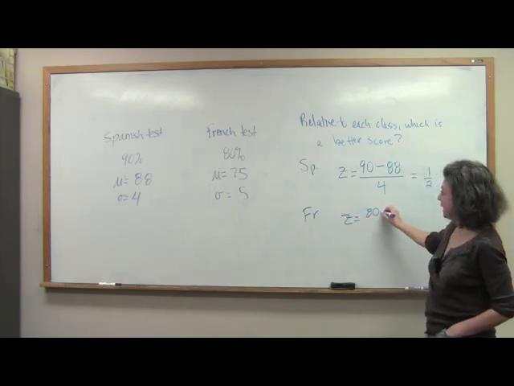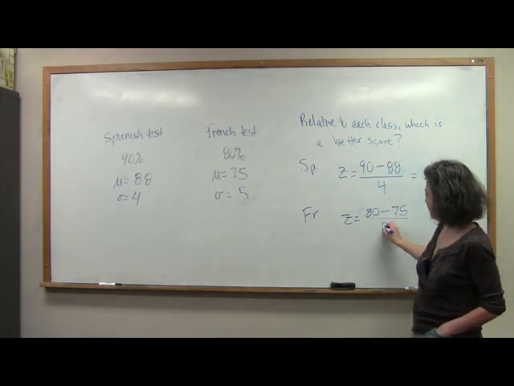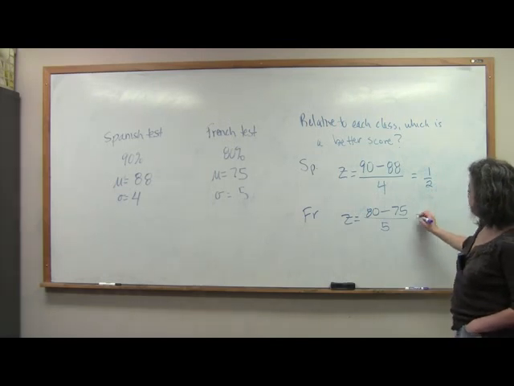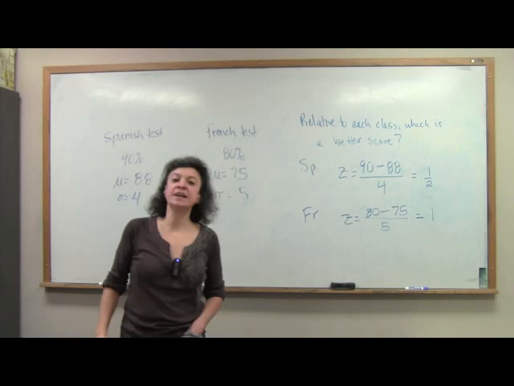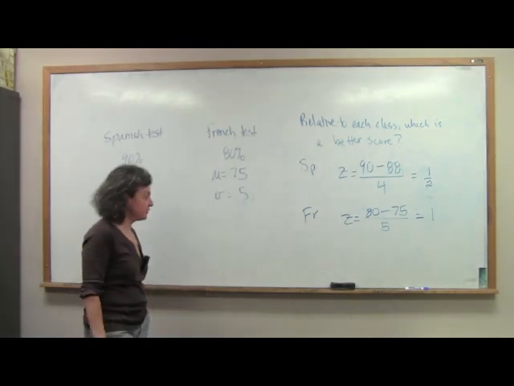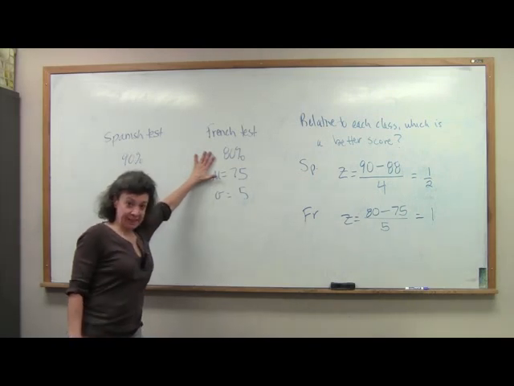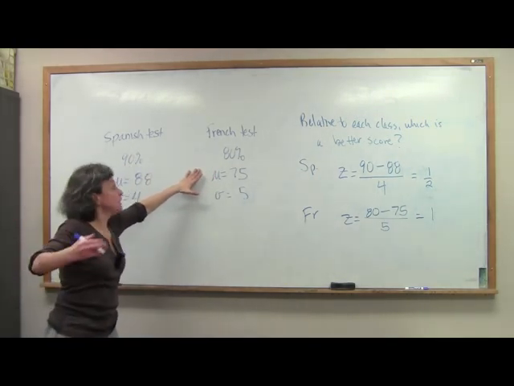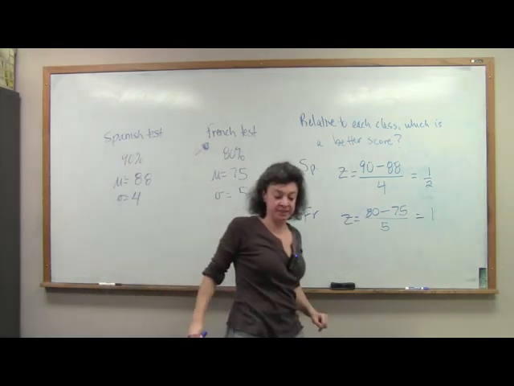In this case, we got an 80. The average was a 75, and the standard deviation was a 5. Well, if you compute this z-score, we are an entire standard deviation above the mean. So while a 90% is better than an 80%, clearly, relative to each class, we actually did better on our French test.